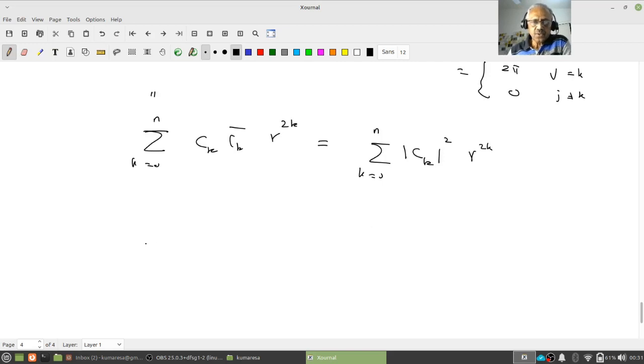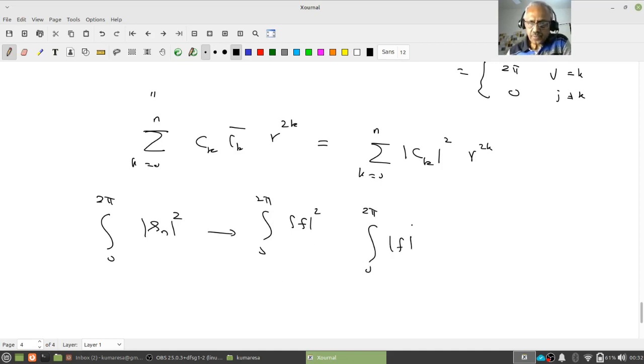But what is our thing? The integral of |S_n| squared converges to the integral from 0 to 2 pi of |f| squared. Therefore the integral from 0 to 2 pi of |f| squared is going to be the sum of this, that is, the sum from 0 to infinity of |c_n| squared r^(2n).